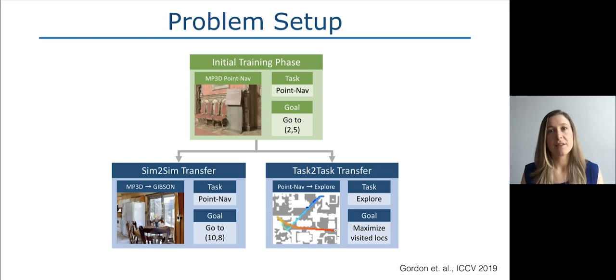And the key idea of this work is that if we can implicitly modularize these two goals, one of visual recognition and one of navigation, then we're able to disentangle these two aspects of learning and more effectively transfer both across different visual environments as well as between two different embodied tasks.